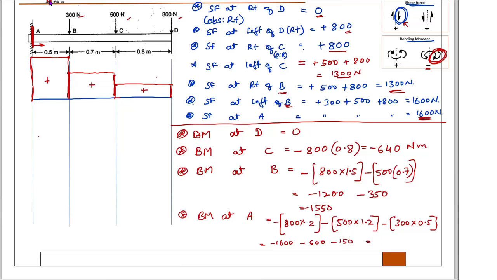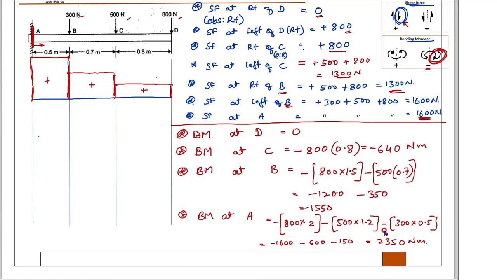The total answer is 1600 plus 600 plus 150, that is 2350 Newton meter. Check the answer.